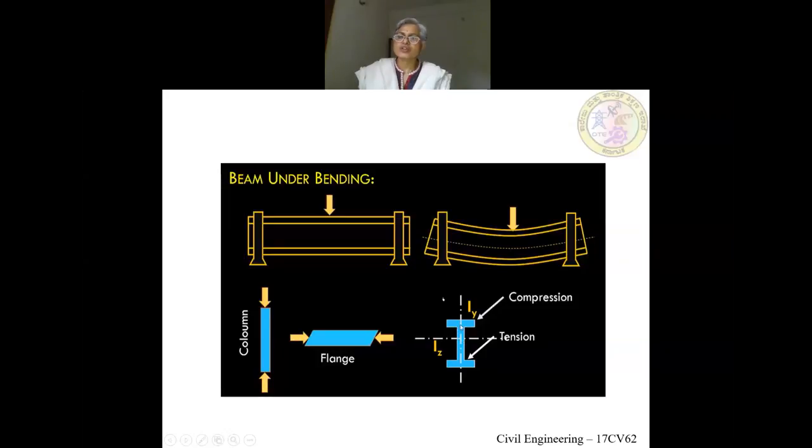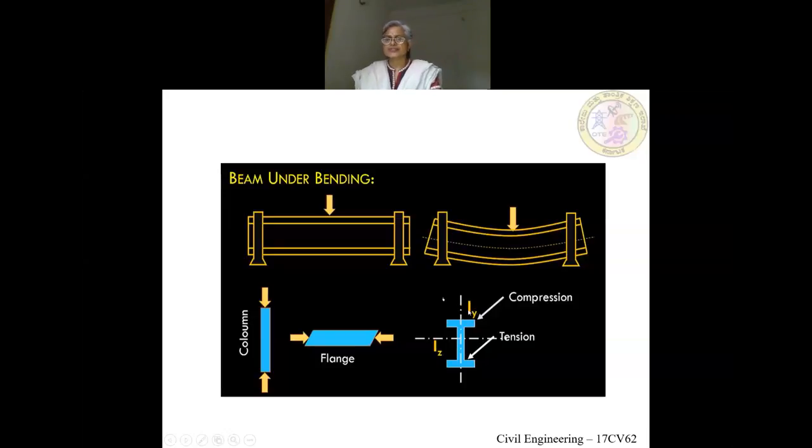But it will not buckle in the vertical direction because of the presence of the web. The web will restrain buckling in the vertical direction. So therefore, there will be lateral buckling. Normally in a section, Izz will be more, that is, moment of inertia in the Z direction will be more compared to moment of inertia in the Y direction.